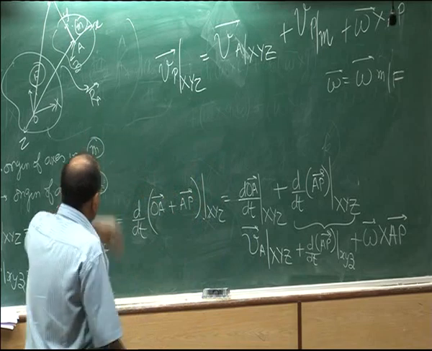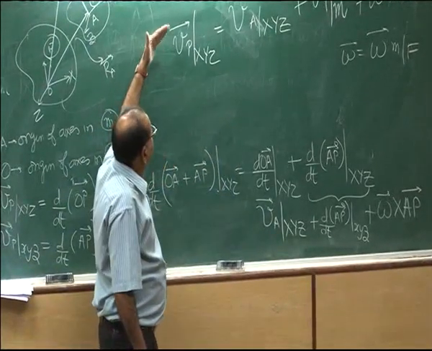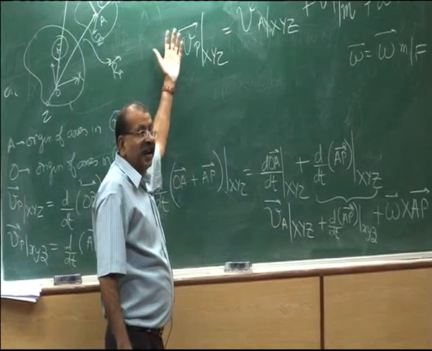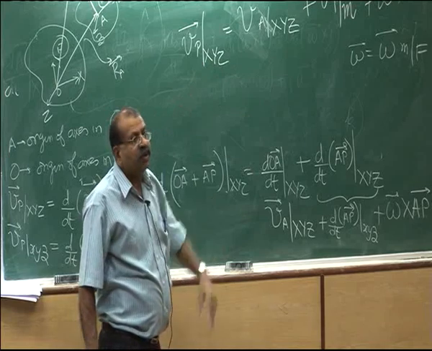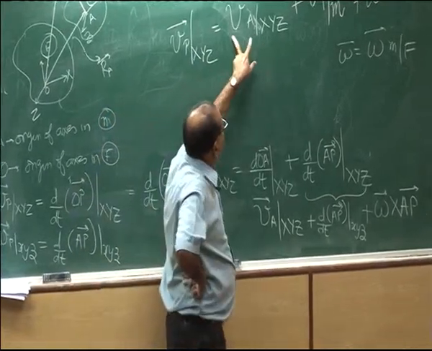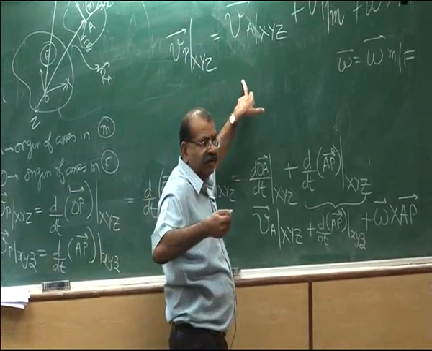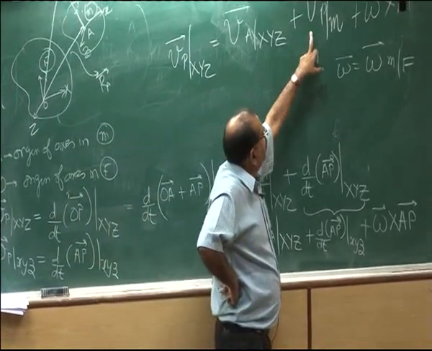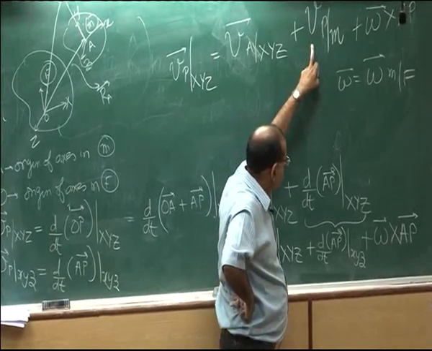Now in the next class, I will go from here and take one more derivative, and that will give me the formula for acceleration. When I differentiate, this will just give me the same derivative. When I come to this term, I will have to be careful: it's velocity of P with respect to m.